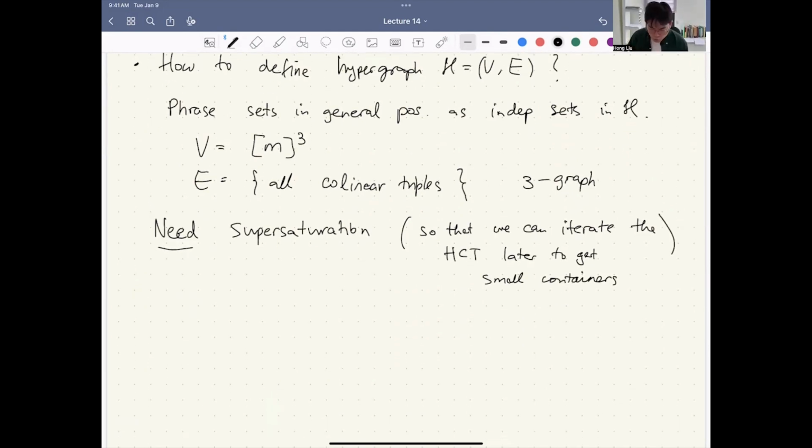What does that mean? Supersaturation. This is the following theorem. Lemma, supersaturation.